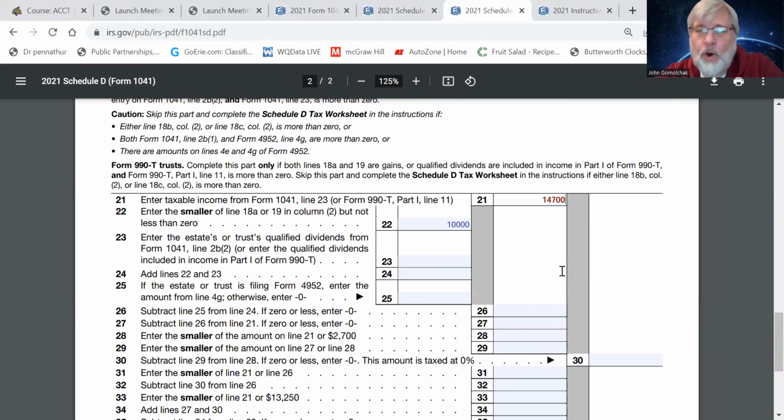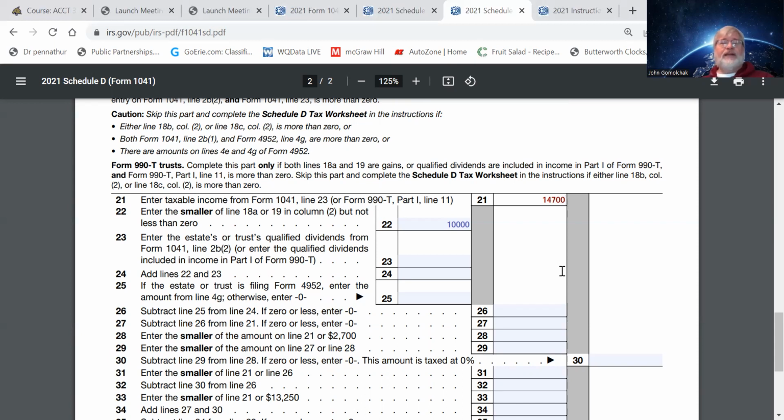Now, qualified dividends. I know we talked about this a little bit, but let's talk about it again. When you get dividends, there are two different types of dividends that can be reported to you: just ordinary dividends or qualified dividends. Ordinary dividends are all of the dividends you've received. Inside of those ordinary dividends can be qualified dividends.